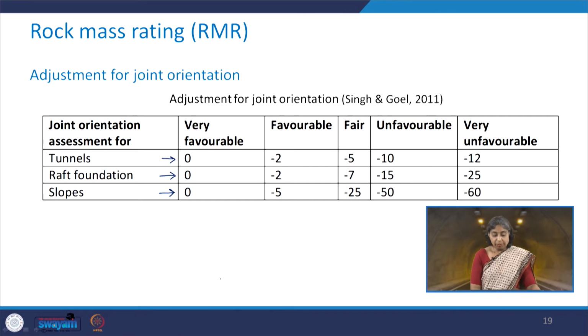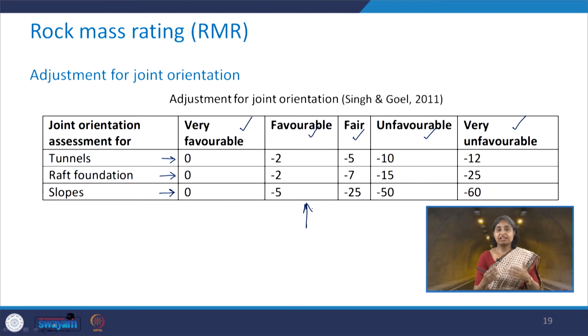Now, based upon the orientation of the joint with reference to the orientation of the structure, you have various categories, whether it is very favorable, favorable, fair, unfavorable or very unfavorable. Based upon that you pick the rating from this table.